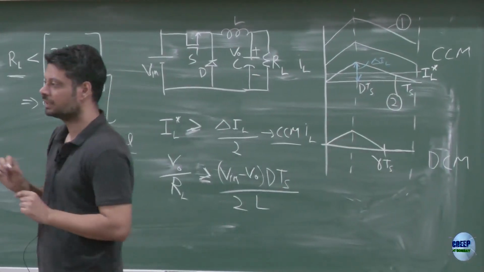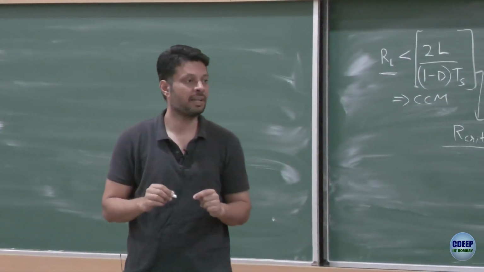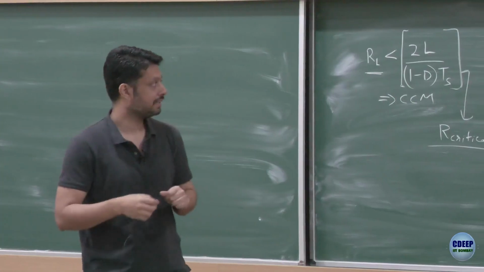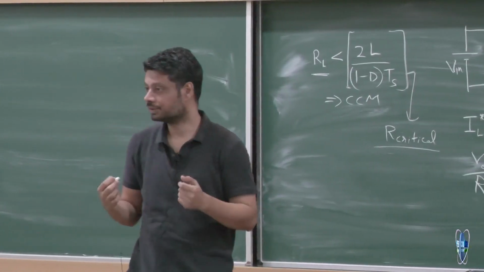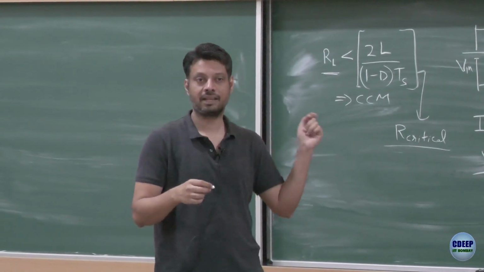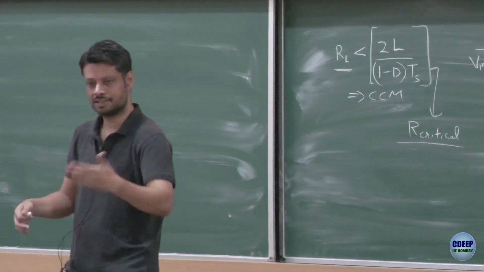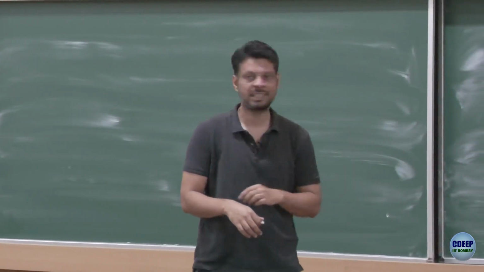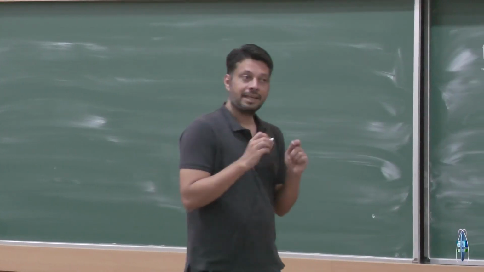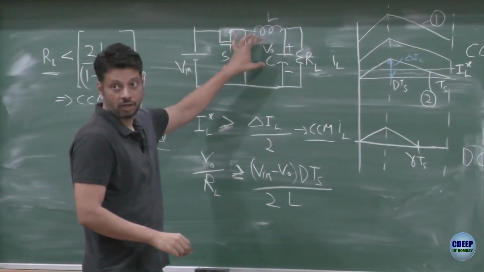So in case 1 versus case 2, in which case would your output voltage ripple be higher? This is the question, I am just rephrasing it. So think of it as a quiz question. In which case would the output voltage ripple delta V naught be higher?